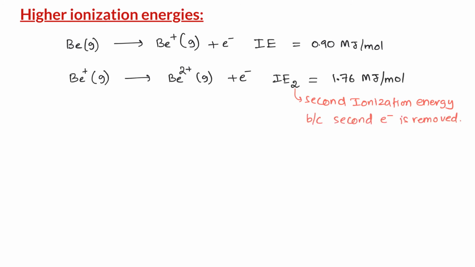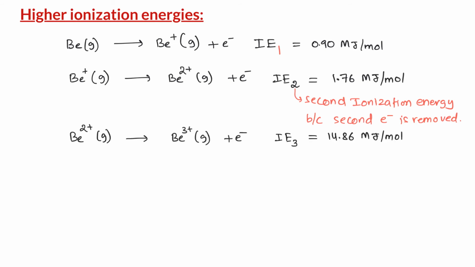As we are removing the second electron out of the beryllium atom. If we go back, the energy required to remove the first electron is usually referred to as first ionization energy or ionization energy. We can continue this process and remove another electron from beryllium 2 plus to produce beryllium 3 plus ion.